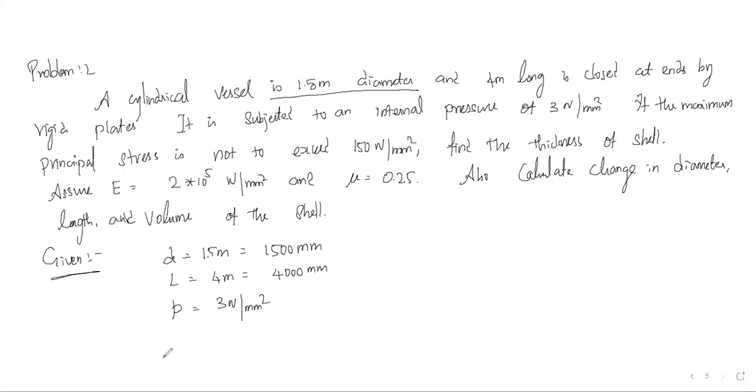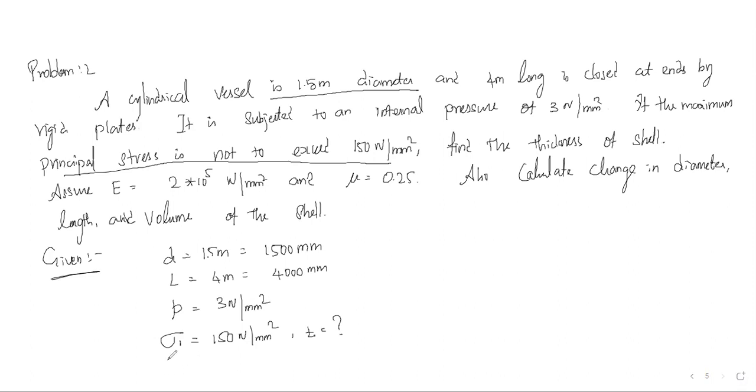The statement maximum principal stress is nothing but sigma 1. Okay, so if the sigma 1 is not to exceed 150 Newton per mm square, then what is the thickness of the shell required? That we have to find out first.